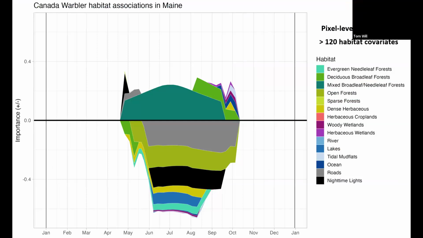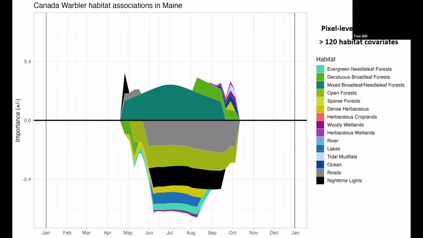We have them at the pixel level, but we can also summarize them. What I'm showing right now are habitat associations for Canada Warbler for Maine. And it's not just the associations, but you can actually get directionality.